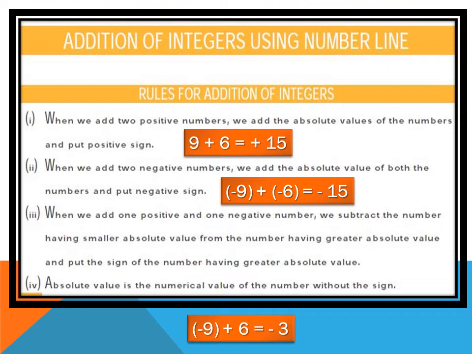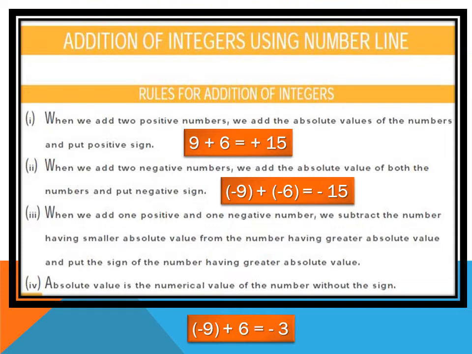Since 9 is greater than 6, we will do 9 minus 6. We will get 3. Now the sign in front of the number with the larger absolute value is negative, because 9 is bigger than 6 and 9 has a negative sign in front of it. So we will put the negative sign in front of the answer. Our answer will become -3.